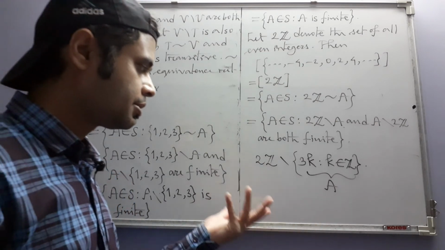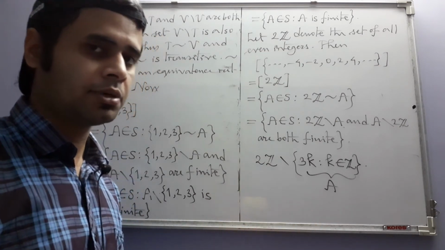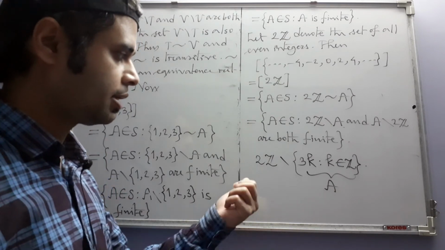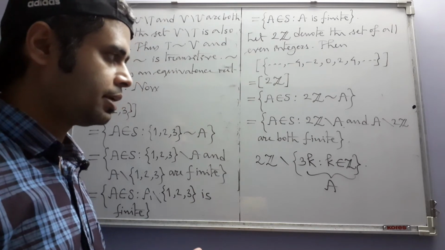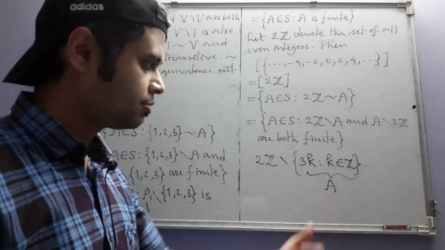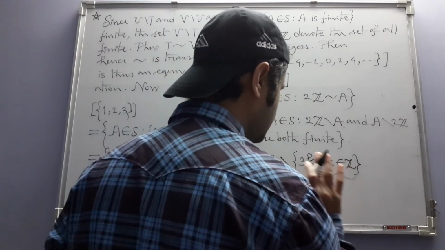For example, 6 is an even integer which is a multiple of 3. 12 is an even integer which is a multiple of 3, and you can clearly see that there are infinitely many such integers. So that means A actually is in, okay, this is not enough.